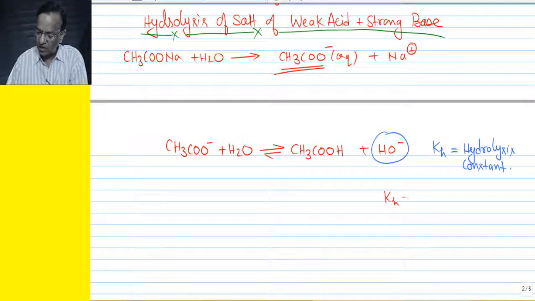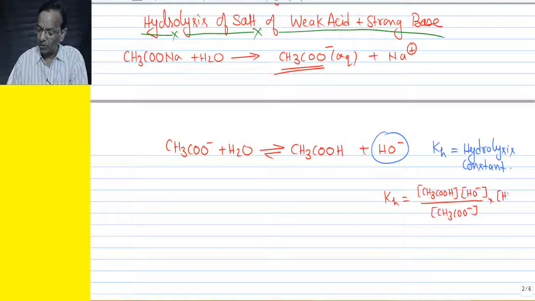So this Kh will be, it is nothing but Kc, so concentration of CH3COOH into concentration of hydroxide ion divided by concentration of CH3COO minus. Let us multiply it by H plus and divide it by H plus.